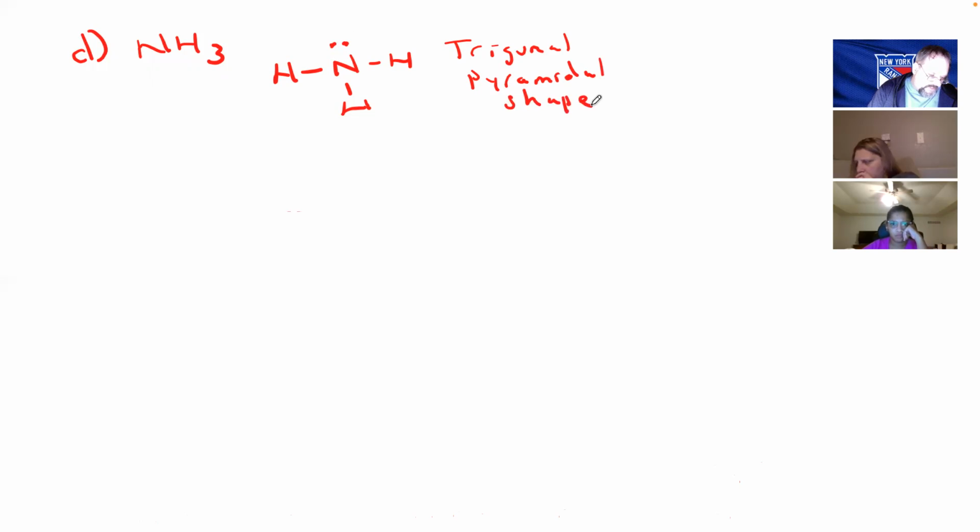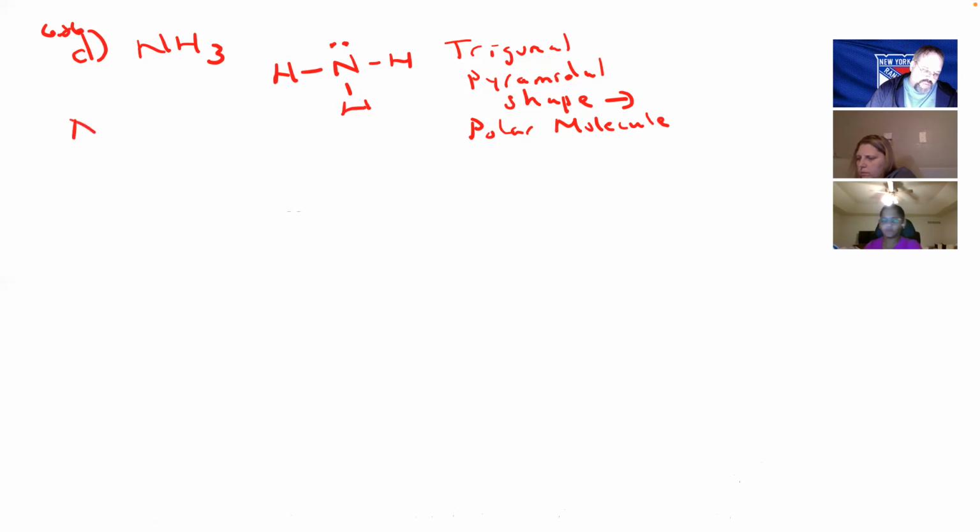So dispersion forces, well, trigonal pyramidal shape tells us that we have a polar molecule. Dispersion forces? Yes. Dipole-dipole interactions? Yes. Hydrogen bonding? Do you have a polarized hydrogen and a polarized nitrogen, oxygen, or fluorine?